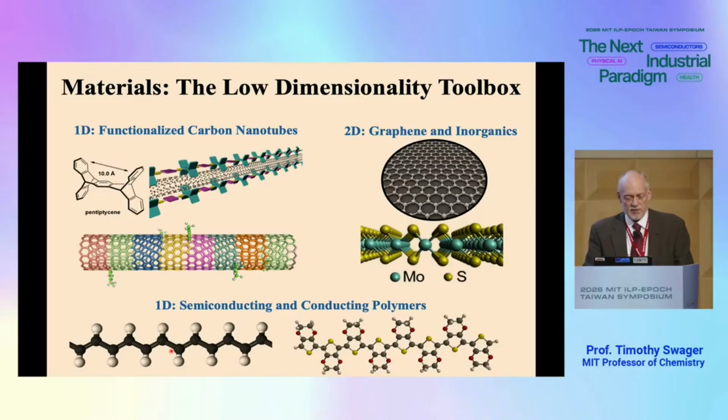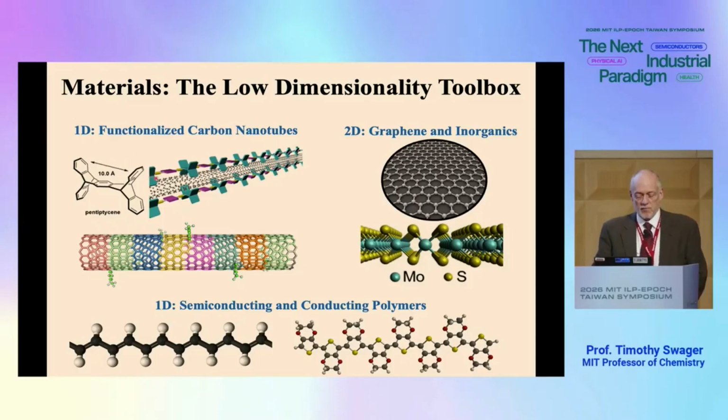The materials that we tend to deal with in our group are not atomistic. They're kind of lower dimensional materials, because they really are molecular or lower dimensional in nature. I'll tell you today about carbon nanotubes, an area that we work quite a bit with.